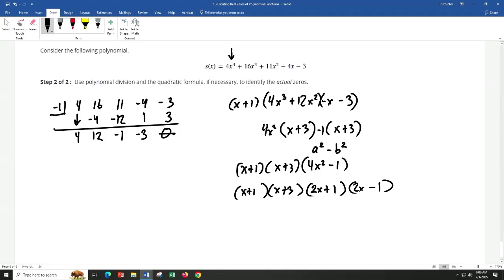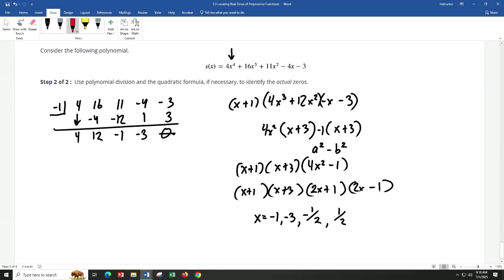How many answers do I get? 4 answers. Well, look at this. I get x is equal to, well, that's a -1, a -3, and then I also have a -1/2. And then I also have a what? What did Descartes' rule tell me?